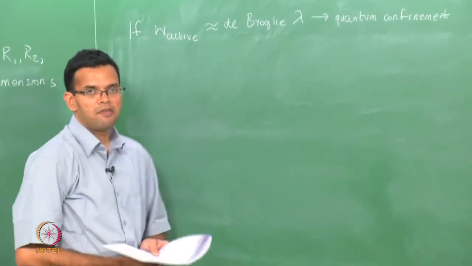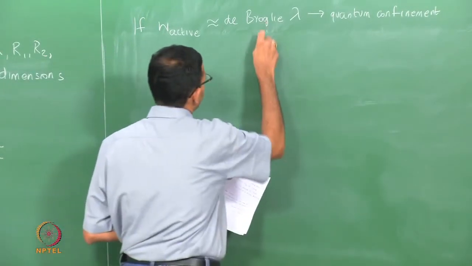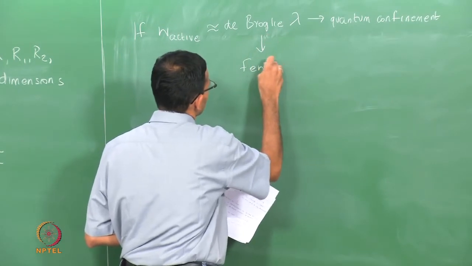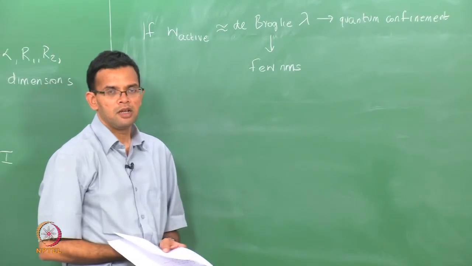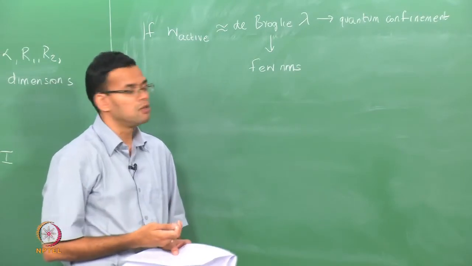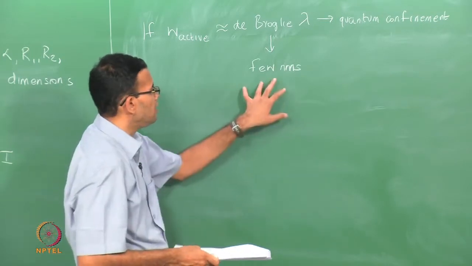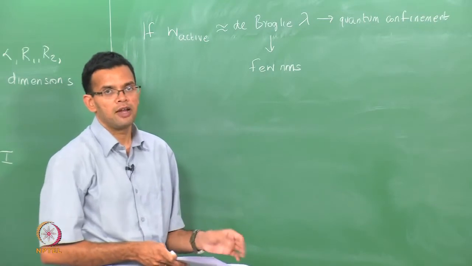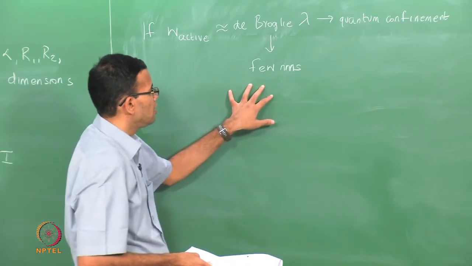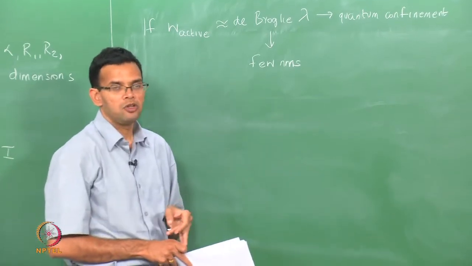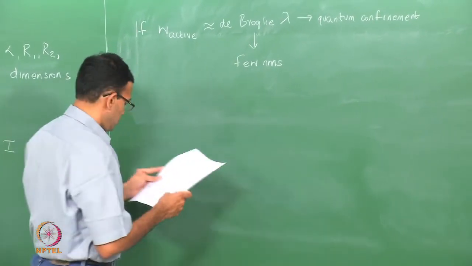Now, the de Broglie wavelength is usually of the order of few nanometers. So, one can do a simple calculation relating the thermal energy to the momentum, and from which we can calculate the wavelength. If you do that, it is usually of the order of a few nanometers. So, if the active region is only a few nanometers thick, whether it is in 1D, 2D or 3D, you can get different orders of quantum confinement.